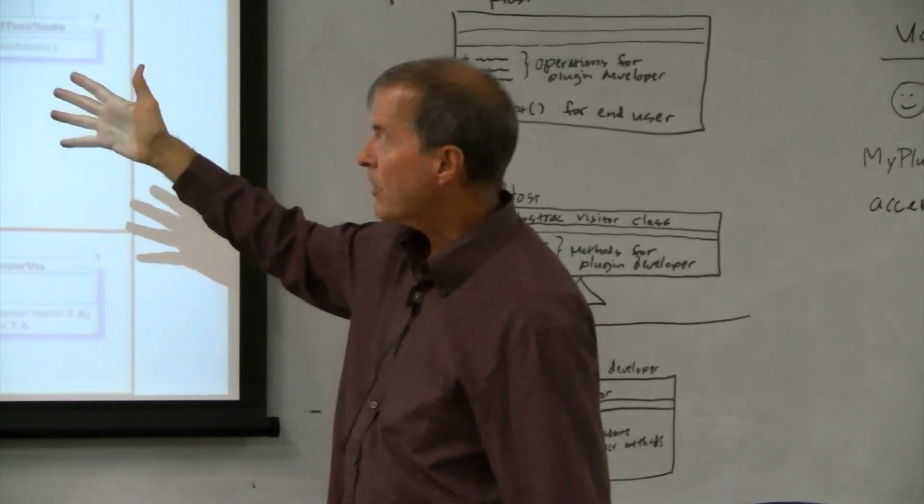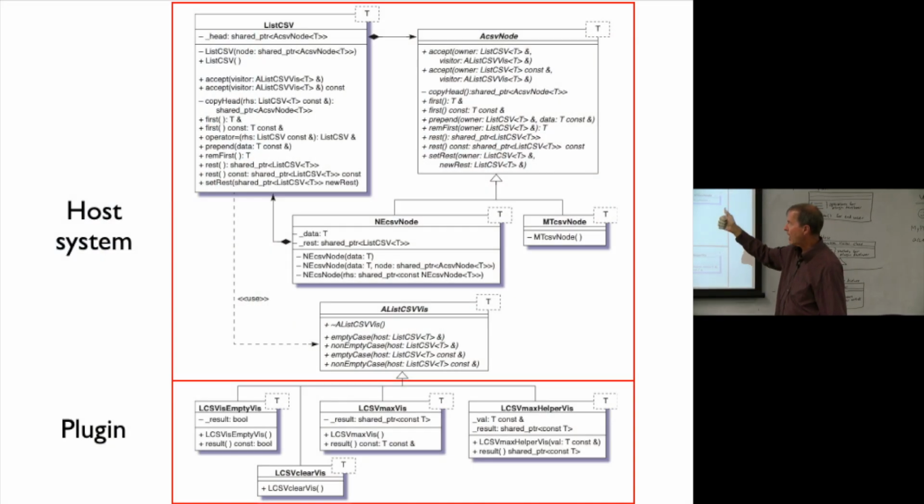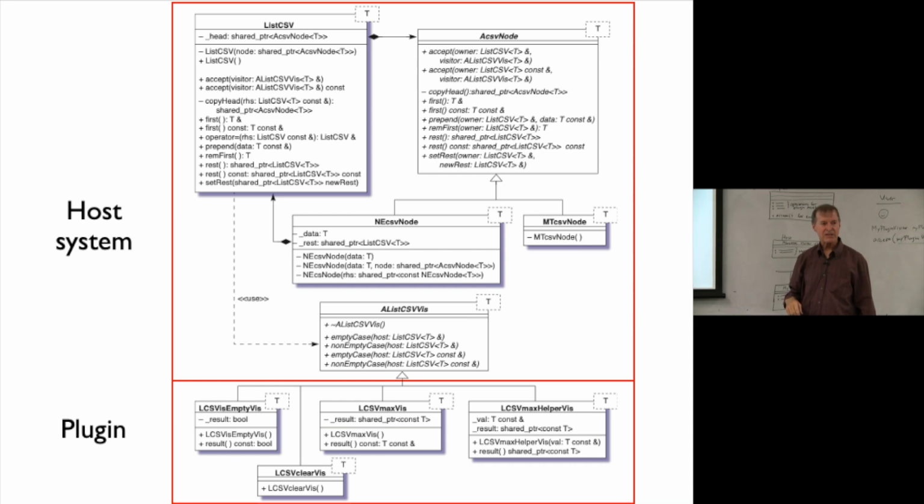All right. And now, what are the minimally complete methods? Copy, head, first, operator gets, prepend, remove first, and rest and set list. You can do anything with the list with just those 7 methods. That is a complete set.